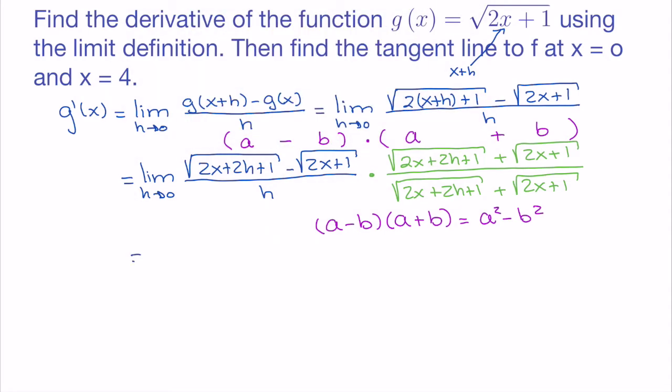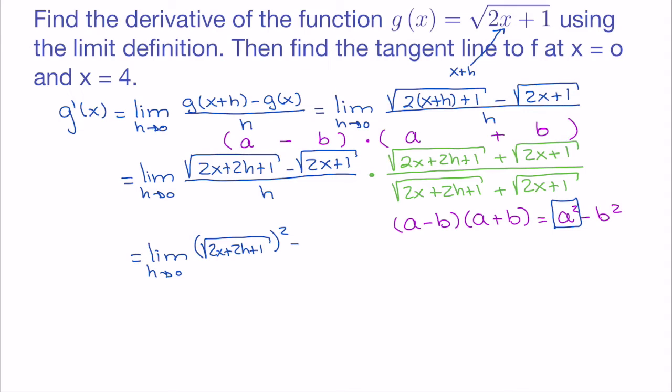We have here that this is the limit as h approaches 0. And you see, this says take the first term, which is square root of 2x plus 2h plus 1, and square it, and then subtract the square of the second term, 2x plus 1 squared.